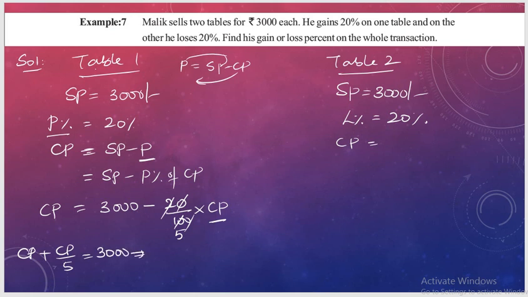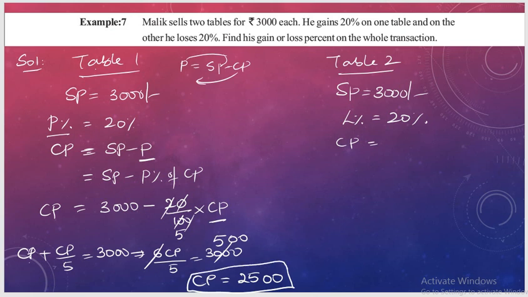So 5 ones are 5 plus 1, so 6 CP by 5 is equal to 3000. Now 6 into 3000, 6 5s are 30, and 2 zeros. So from this, the cost price of the first table is 2500.